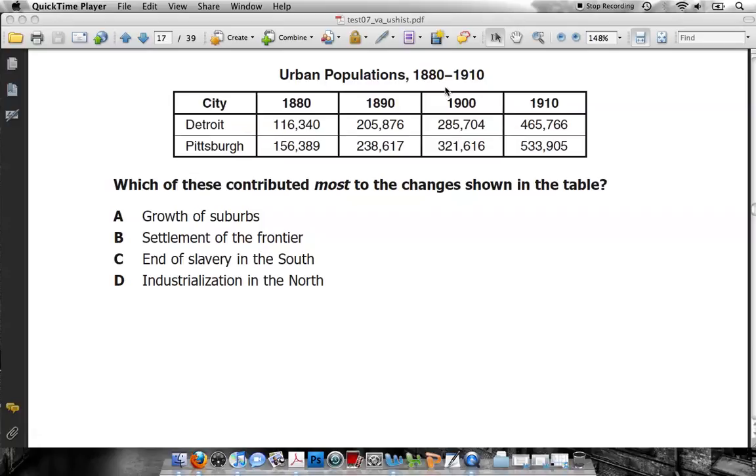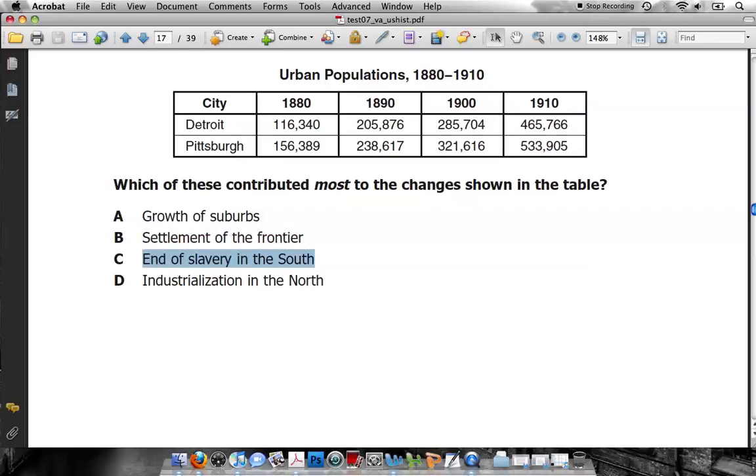Now looking at the answer choices, the first one, growth of suburbs. Suburbs definitely have a lot to do with cities. The second one, settlement of the frontier. Well, thinking to a map of the United States, both Pittsburgh and Detroit are located relatively in the eastern part of the United States, and maybe that's right, maybe it's not.